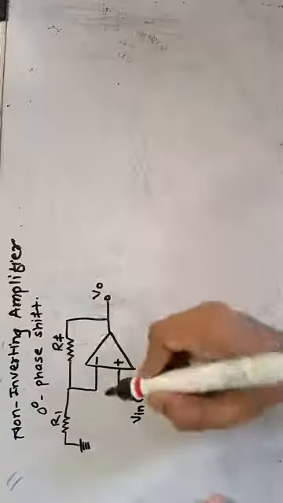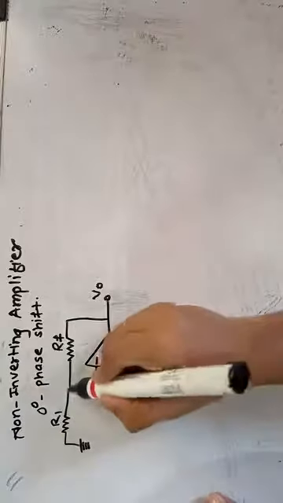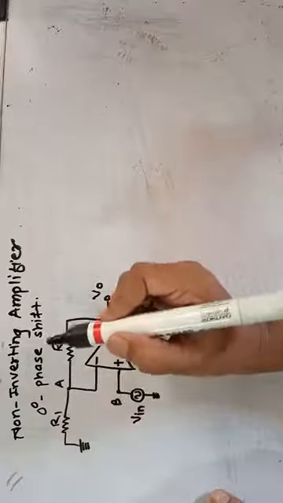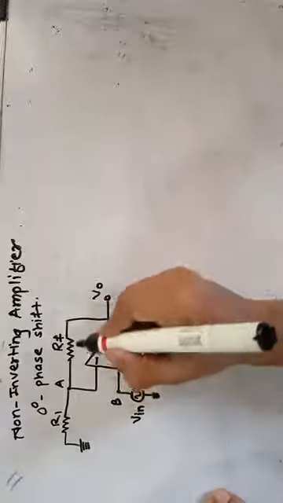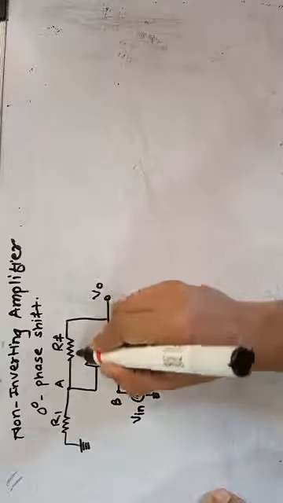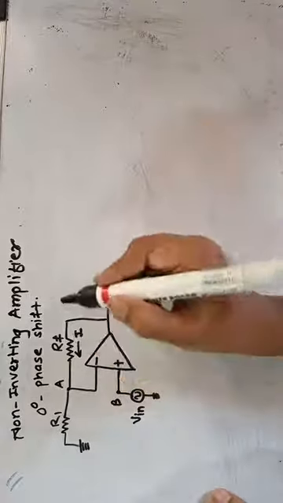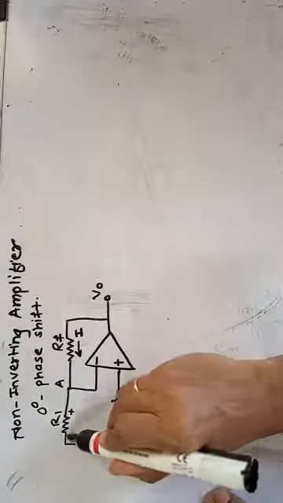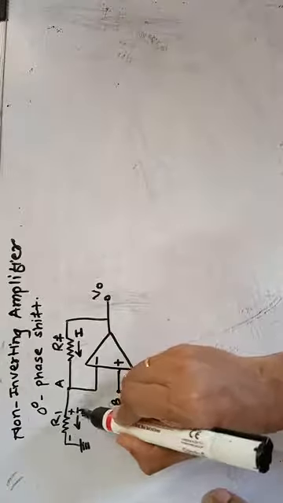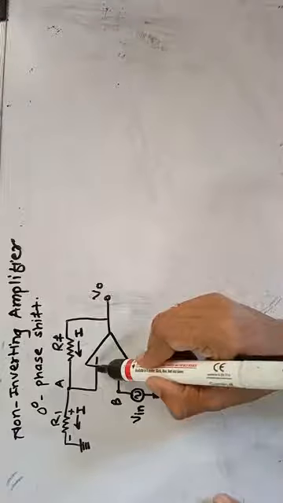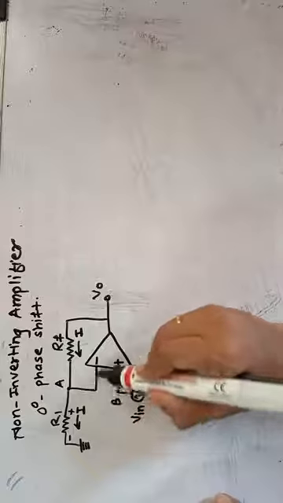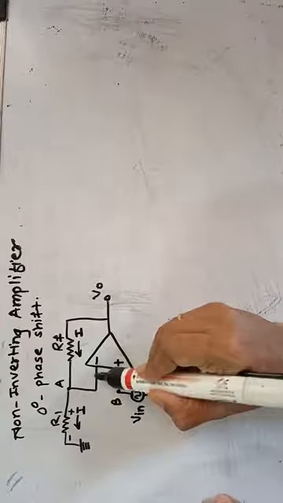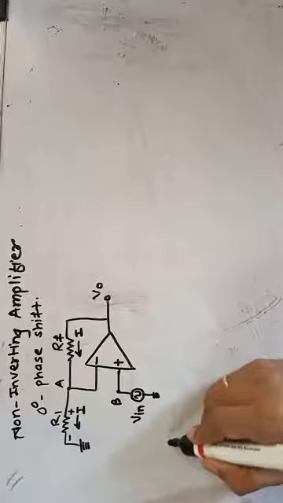This is point B, and this is point A. The current flows from positive to negative, so the current direction is like this, I. The same I flows here, because of the high input impedance of the op-amp, the current flowing through this branch is near about 0. Directly we can see the derivation.